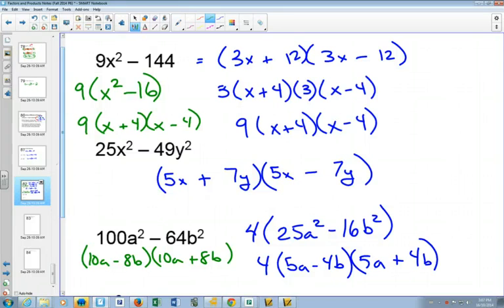Can you see that you can pull a 2 out of both of those? Leaving you with 5a minus 4b. Pull a 2 out of that one, leaving you with 5a plus 4b. Putting those 2's together will get you the same as the blue answer here. Just takes one more step.